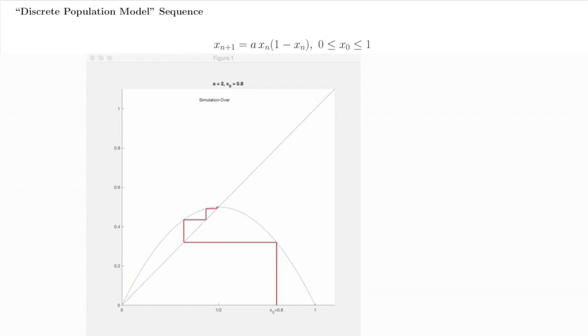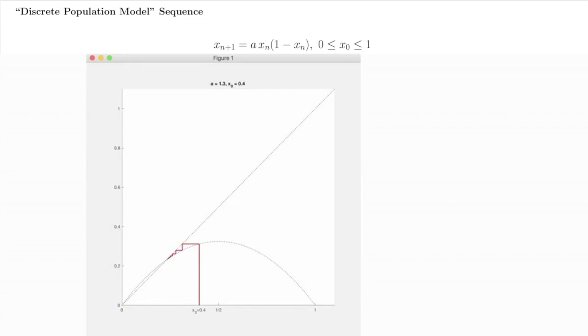So if we start with a very small population, it just kind of grows till it reaches carrying capacity. Let me change a few things here. Let's do 0.3. If I look at a simulation like this, here I start over the ideal carrying capacity, but not dramatically so. So we just kind of die off towards that carrying capacity.